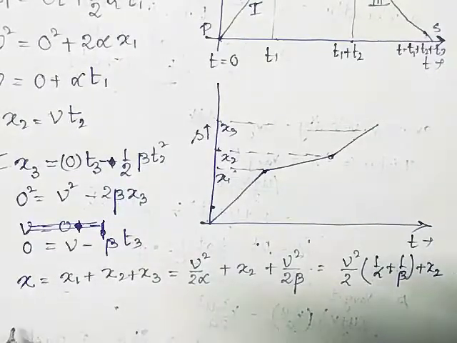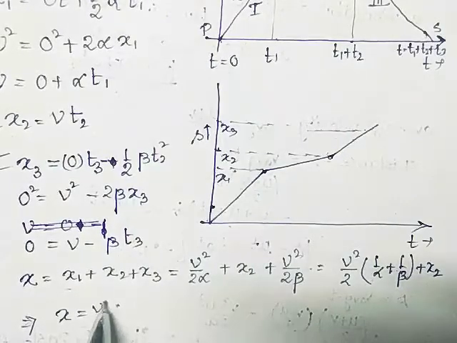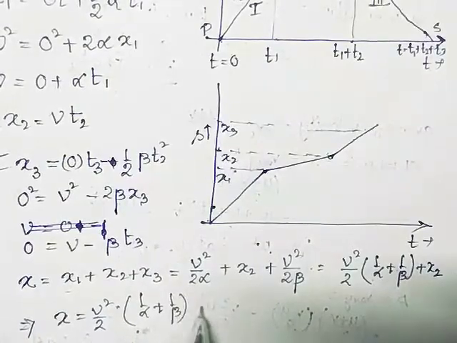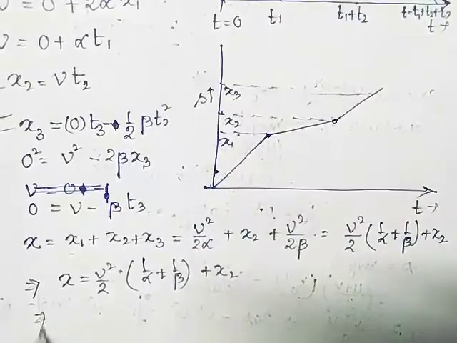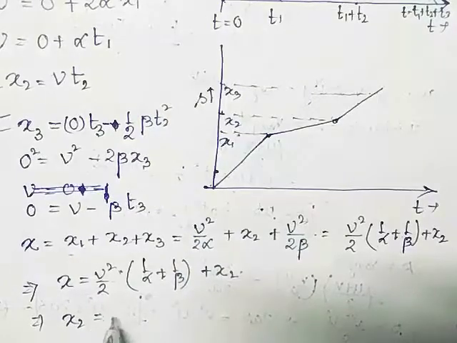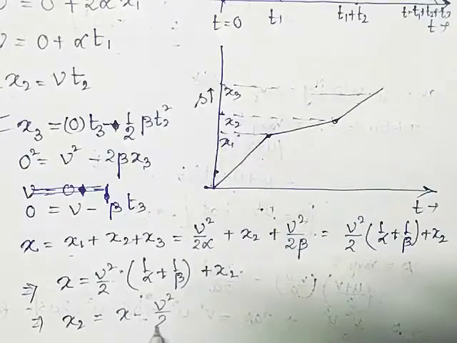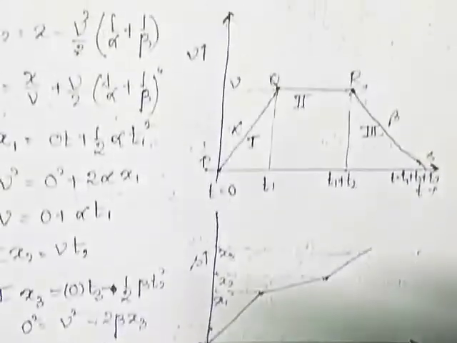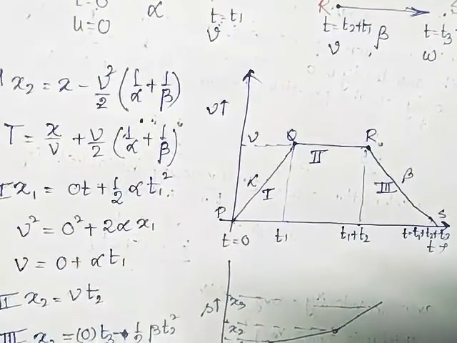If we have to find the value of x2, we take this term to the left hand side, and it becomes x minus v squared by 2 into (1 by alpha plus 1 by beta). The first equation we wanted to prove is completely proved.